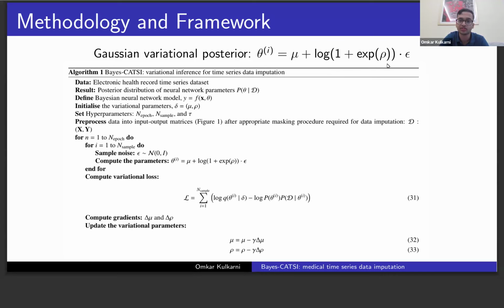We use this log expression to keep the standard deviation positive, and epsilon is basically the white noise. So we calculate the variational loss here, and then we calculate the gradients of the mean and rho, and then update the variational parameters in the next step, where gamma is the learning rate.